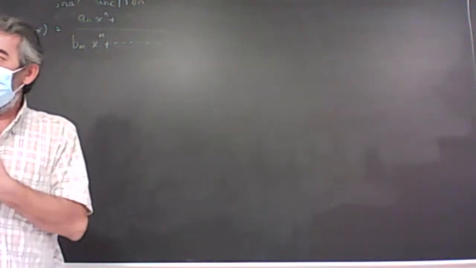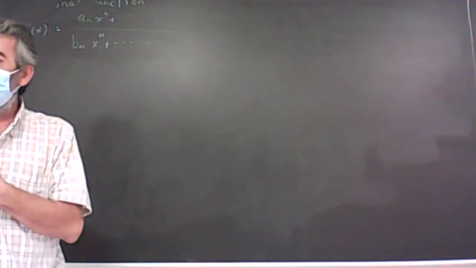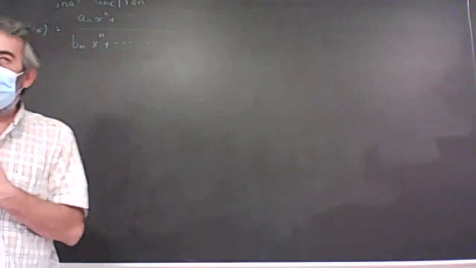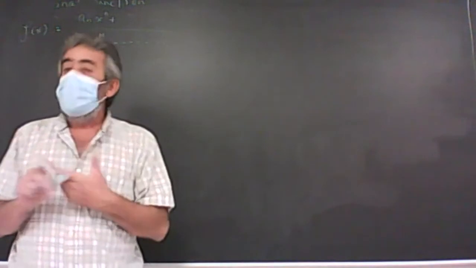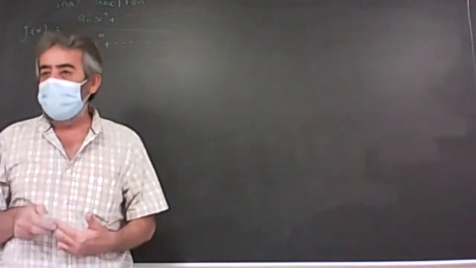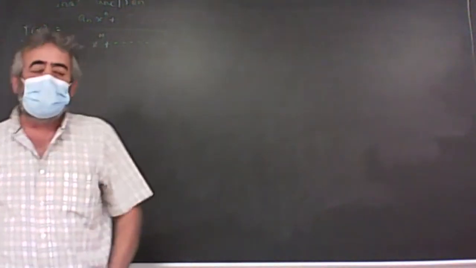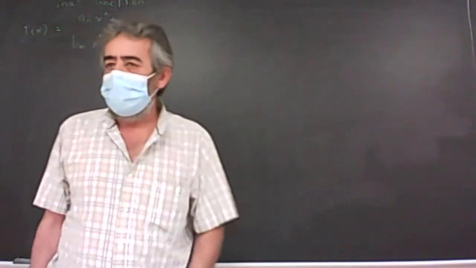Either n and m are the same, or n could be bigger than m, or n could be smaller than m. Let's take a look at each one and see what kind of horizontal asymptotes we get.